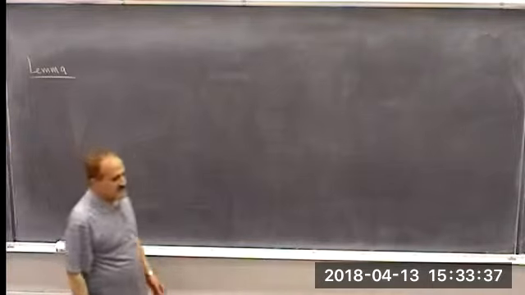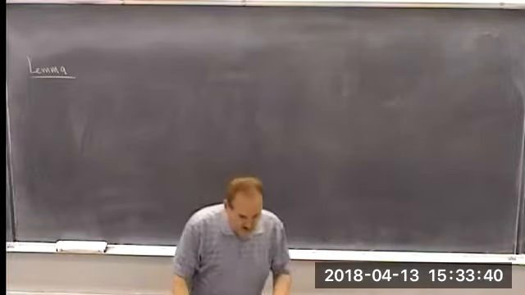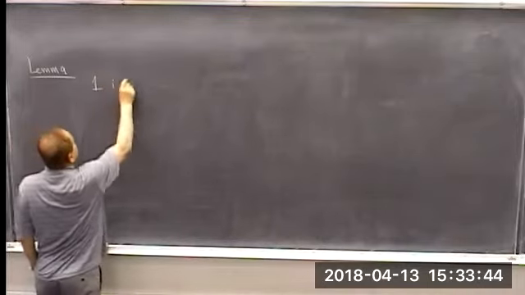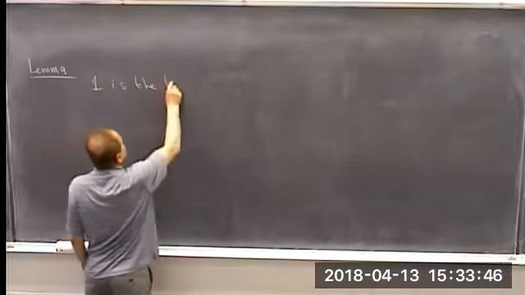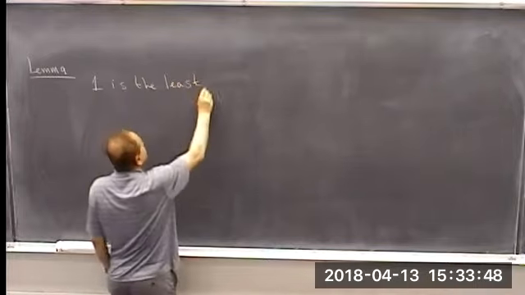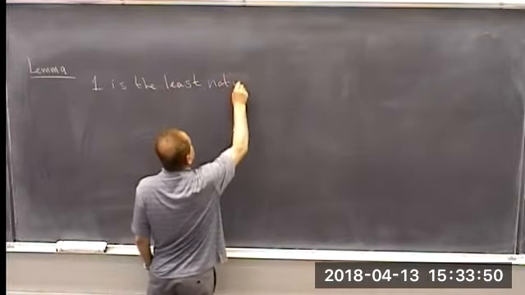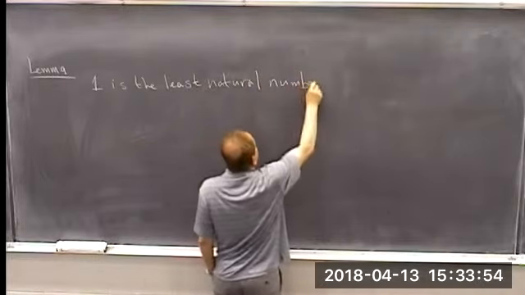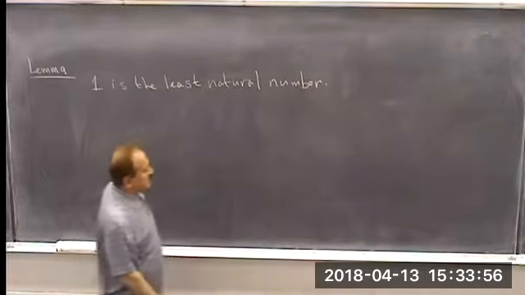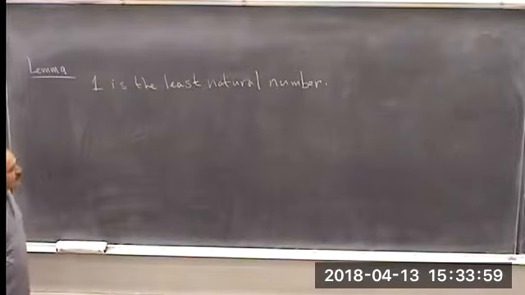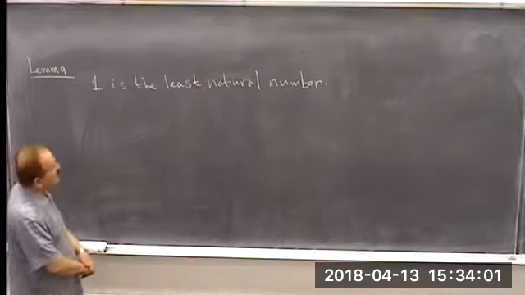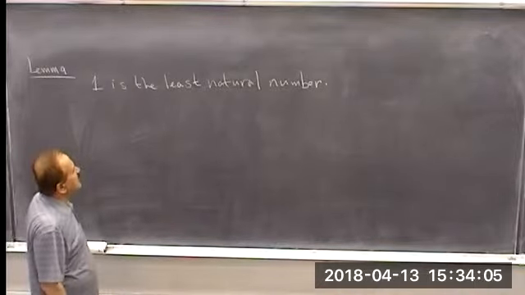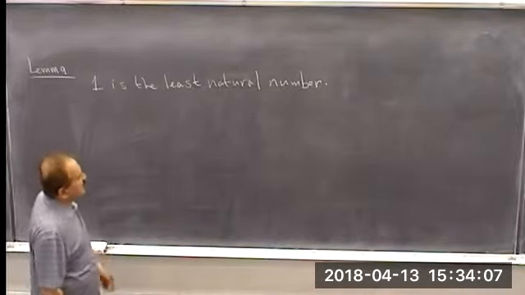The lemma states that 1 is the least natural number. Or when we state it in terms of integers, because from here on we're going to be allowing integers to come in, 1 is the least positive integer.